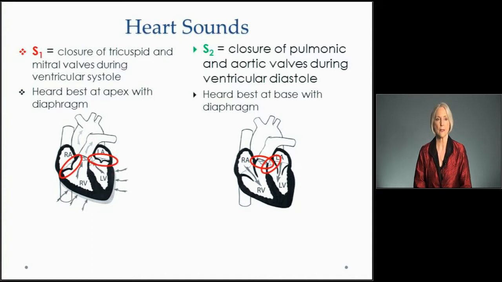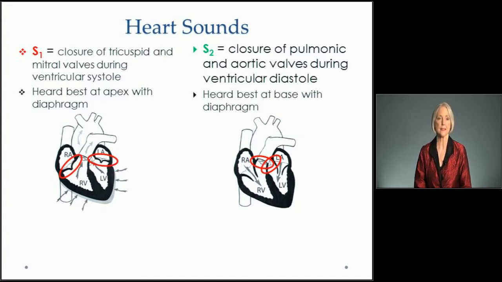So S1 is closure of the tricuspid and the mitral valves at the onset of ventricular systole, and S2 is the sound made by closure of the pulmonic and the aortic valves during ventricular diastole. Both of these sounds are heard best with the diaphragm. The S1 sound is heard best at the apex, which is the bottom part of the heart, and the S2 sound is heard best at the base, which is up at the top part of the heart.